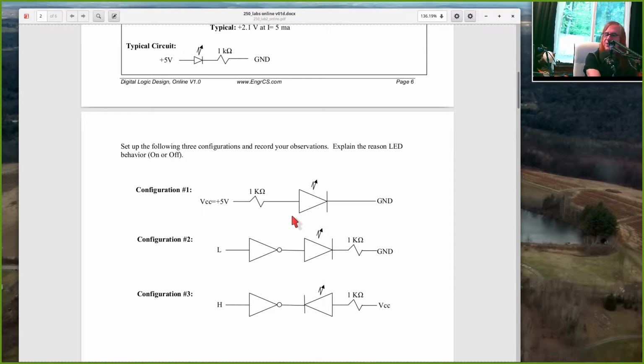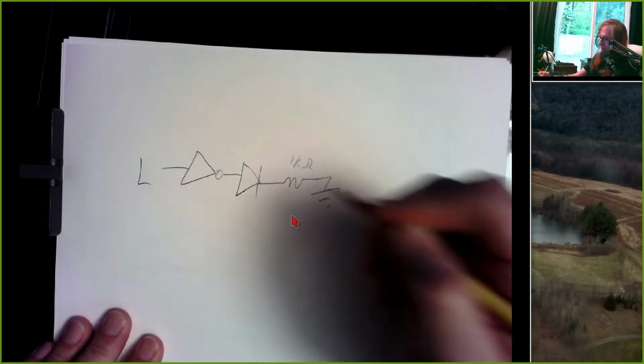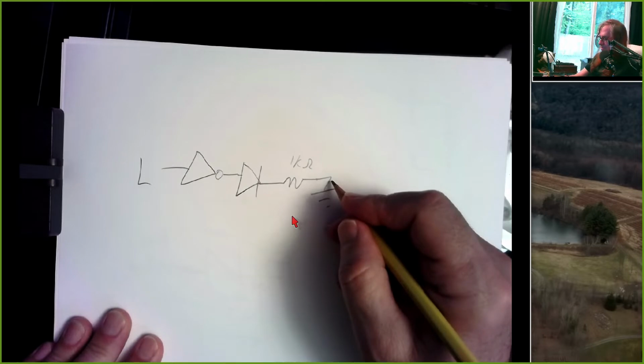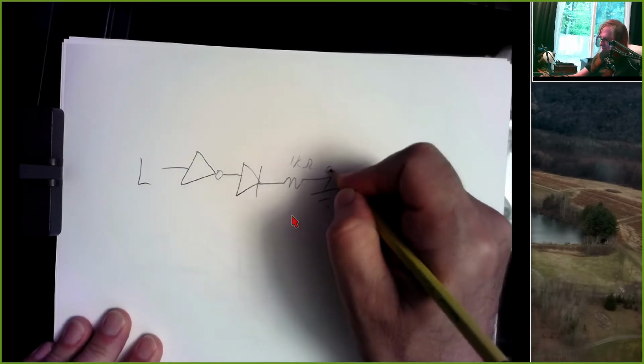All right, the second configuration is different because we have an inverter. We have the left side labeled low. We have an LED. We have a 1K resistor. And we have ground. All right, this is ground over here. So this is 0 volts.